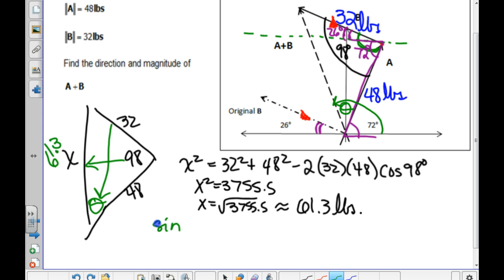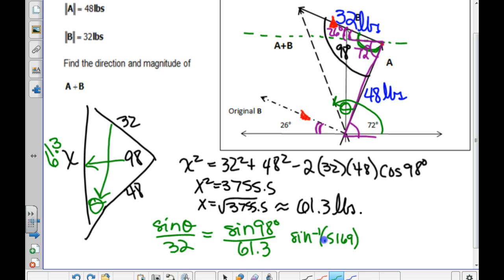So we're going to have the sine of something is across from 32 in the same way the sine of 98 degrees is across from 61.3. So we're going to do sine of 98, close parenthesis, times 32, divided by 61.3. We get an ugly decimal, and then we have to do what? Second sine of that. I got 31.1 degrees.